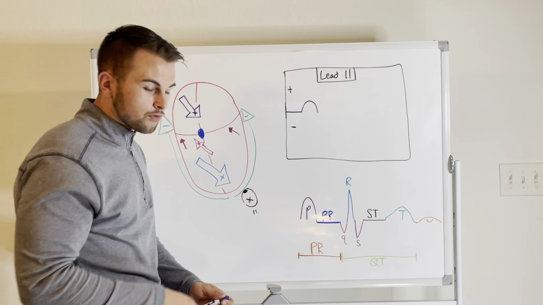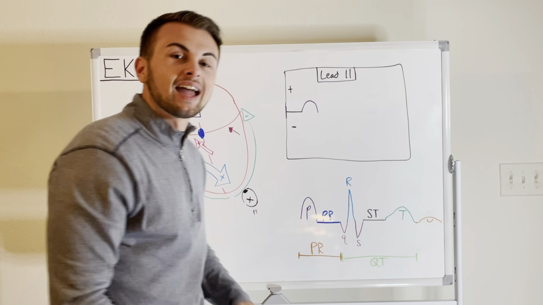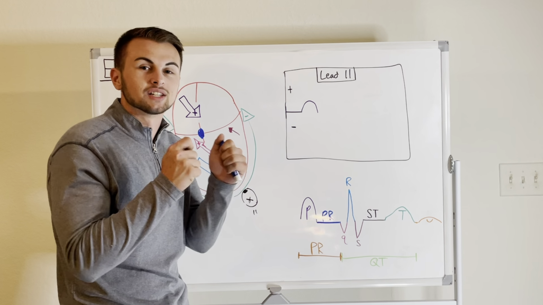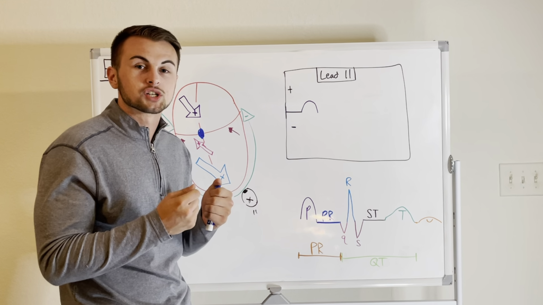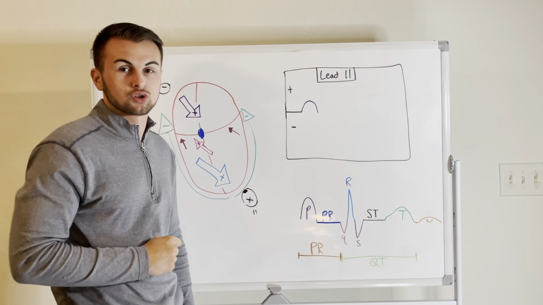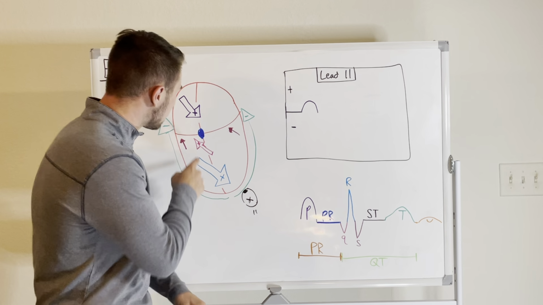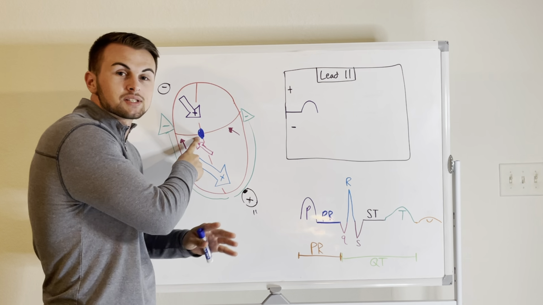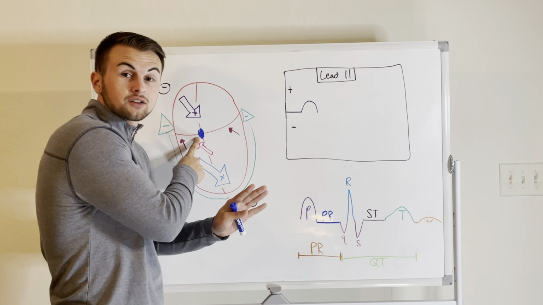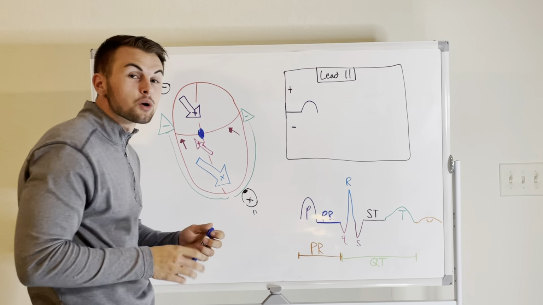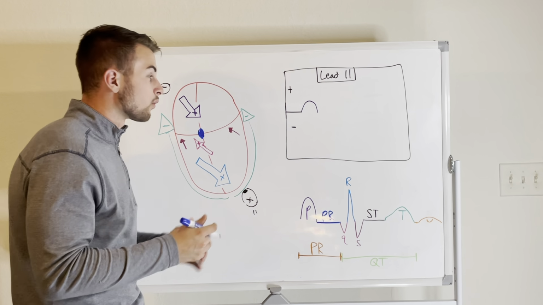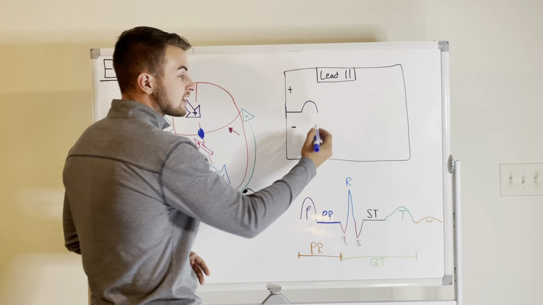Now, we know from our previous videos that the AV node works to temporarily halt or delay the electrical conduction from the atria to the ventricles. In fact, the AV node does this so well that it keeps the entire electrical vector a secret. It is actually so small that we cannot even see it on our EKG. Therefore, our EKG doesn't think that anything is happening.